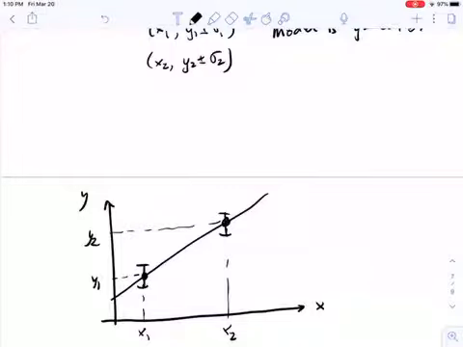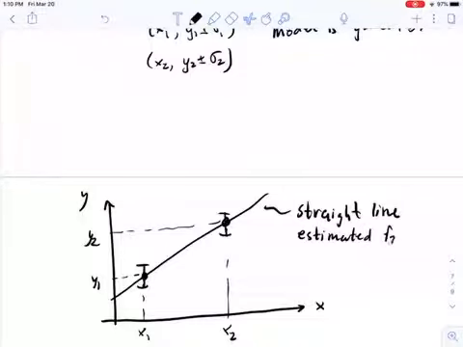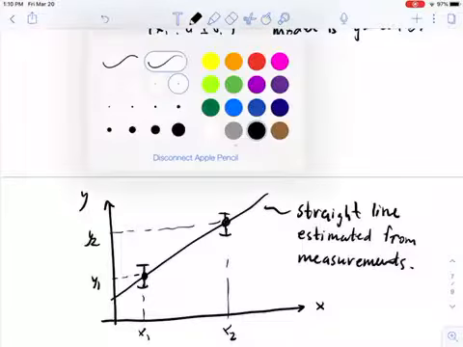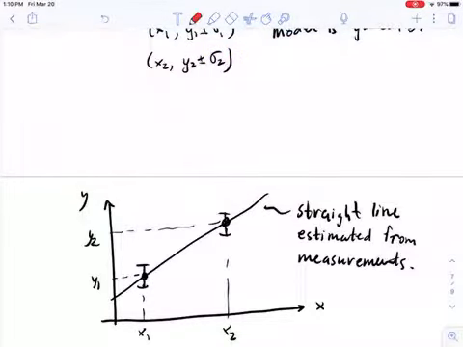And so if this is the straight line estimated from the measurements, you can already see exactly that the deviation, say y2 minus y of x2, is exactly 0.